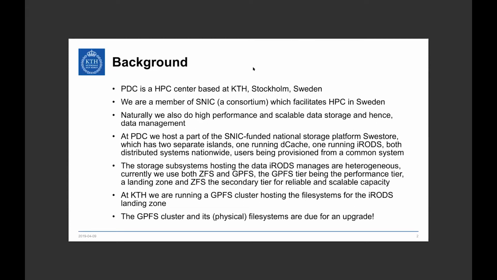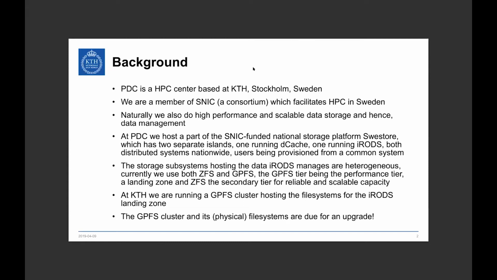SNCC basically facilitates the HPC funding that goes around in Sweden. And of course, in addition to just HPC computing, we also are doing lots of data storage activities, both high performance parallel file systems and also scalable distributed storage systems. And of course, this means that we have to do lots of data management.